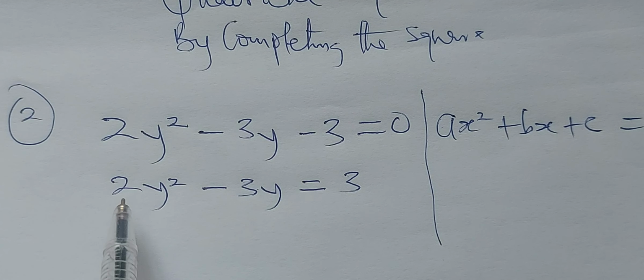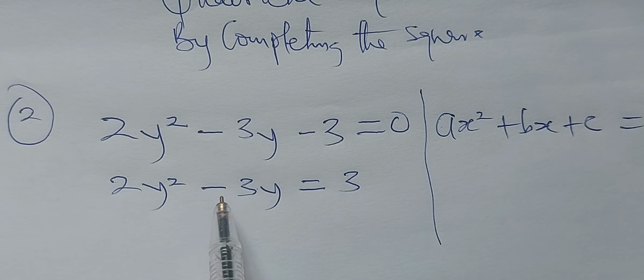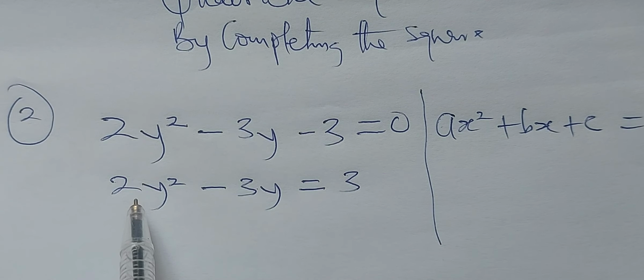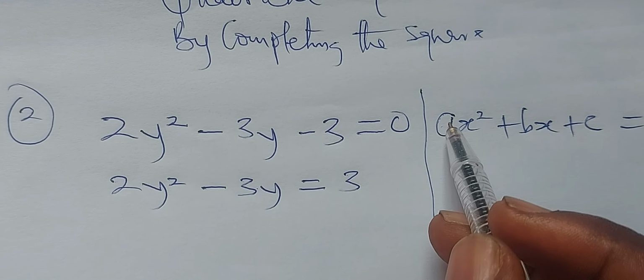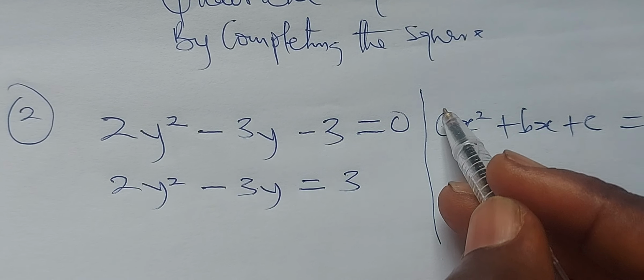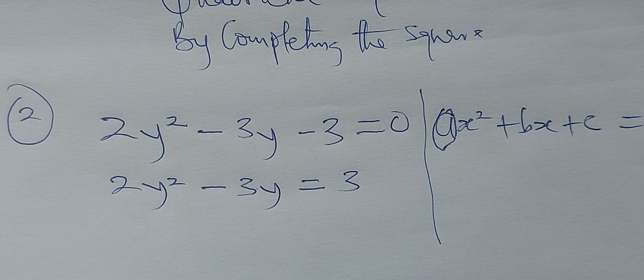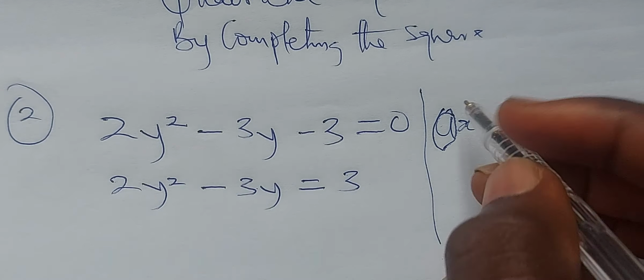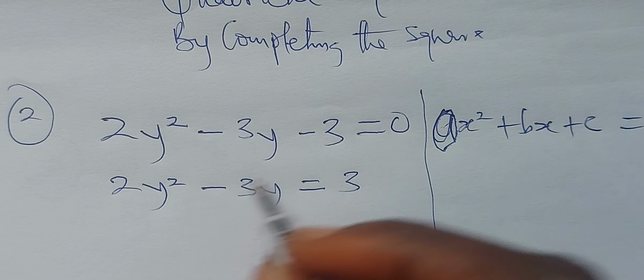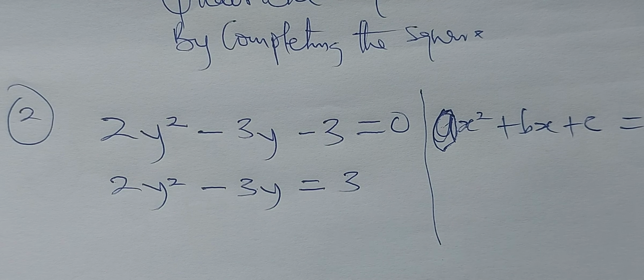So when solving a quadratic by completing the square, you must make sure that the coefficient of x squared, this one, should be 1. Okay? The coefficient of x squared, or the one that is carrying the square, should be 1.